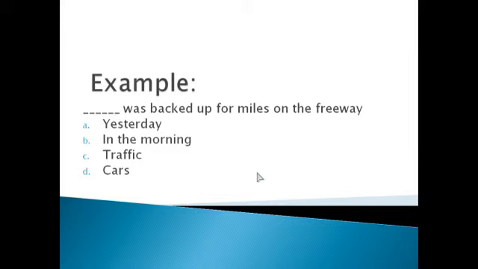So, the best answer is C because it is a singular subject and it agrees with the singular verb was.